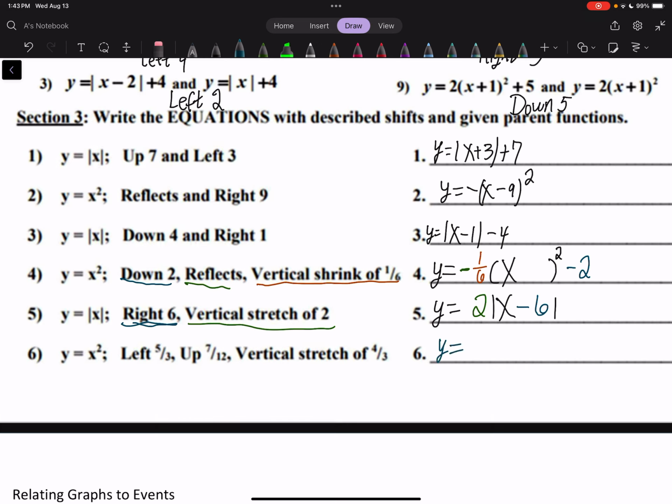Y is equal to parentheses squared. I'm going to move it left 5/3, so I'm going to put a plus 5/3 inside. I'm moving it up 7/12.